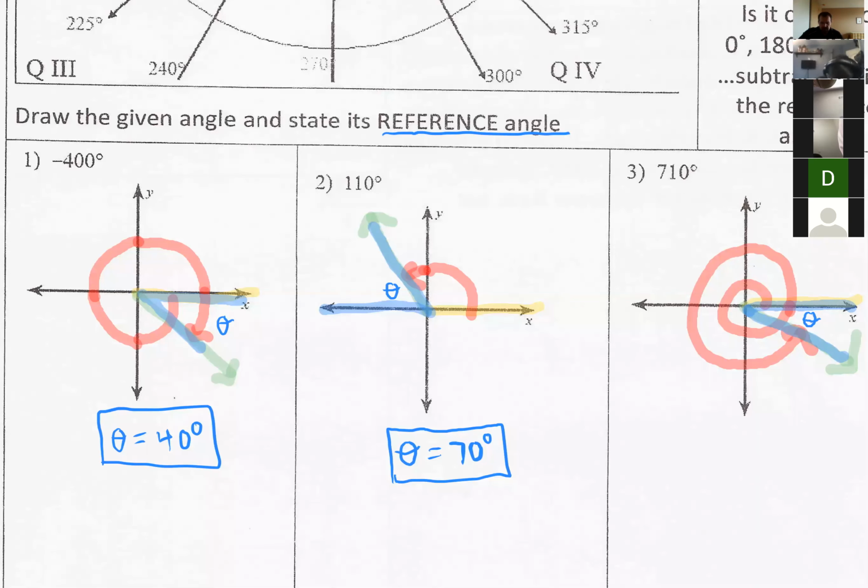So someone with their mic on, tell me what theta equals here. 10 degrees. 10 degrees is correct, because that's saying to complete 2 revolutions, 2 times around the circle. So theta here would be 10 degrees, because you would need another 10 degrees to get to 720, which is 2 times around.